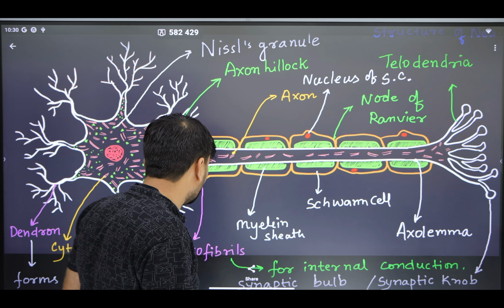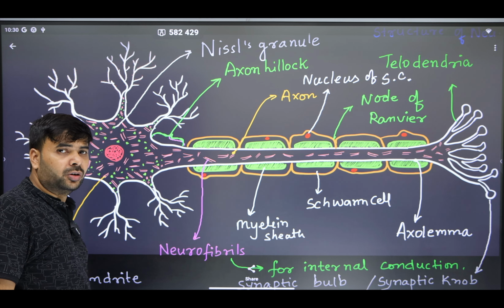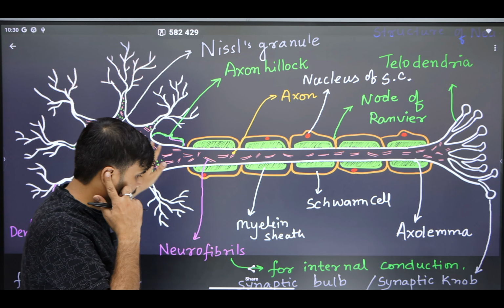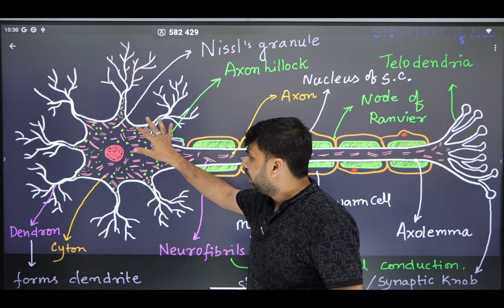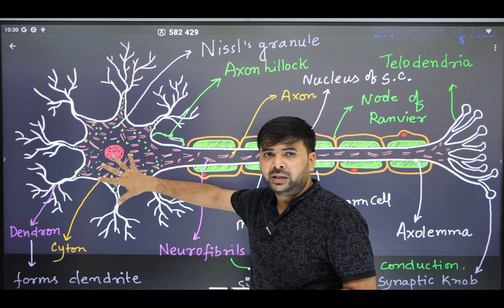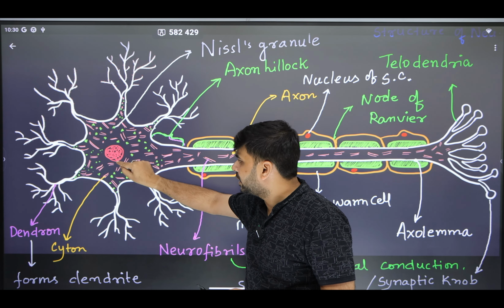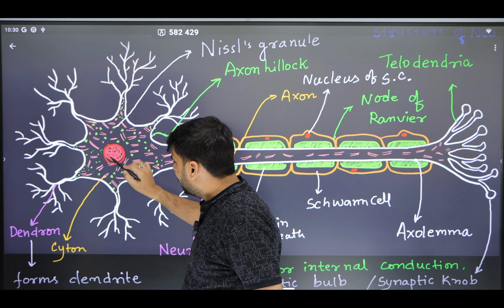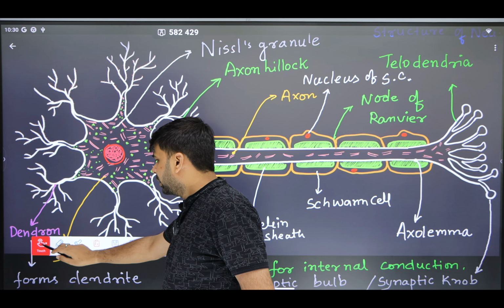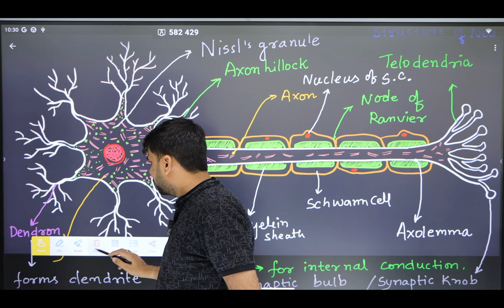So let's start here. In the structure of a neuron, our first area is the cell body. The cell body is the main, central, large area, and the nucleus is always at the center.